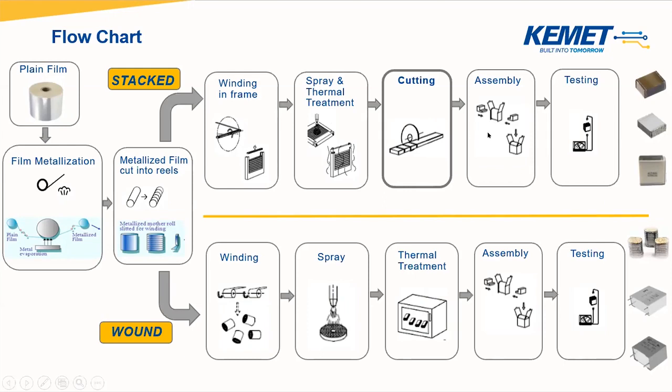After that, we have similar steps as before. We have the final assembly where we can put a lead frame or wires and then put it inside a box with resin, or they could also be naked in the case of SMD technology. And finally, we have the electric test. So you can see the difference in shape of the two technologies: one is a rectangular shape, while the other is oval.